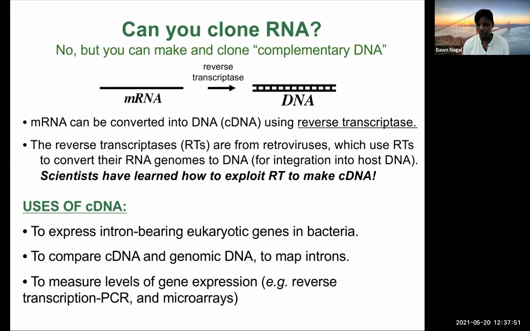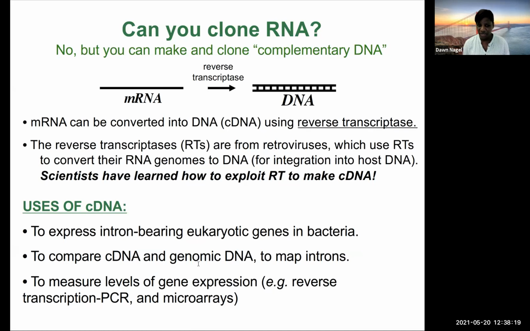So if you want to study particular gene function, you want to use the cDNA from eukaryotes and then express that in bacteria. You can also use cDNA to compare with genomic DNA, right? Genomic DNA will be the DNA that has the introns in there, so you can compare it with the cDNA with the introns spliced out because it helps you map where your introns are located, what is the exon, etc.